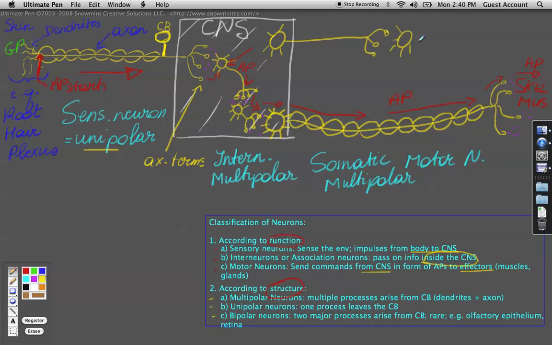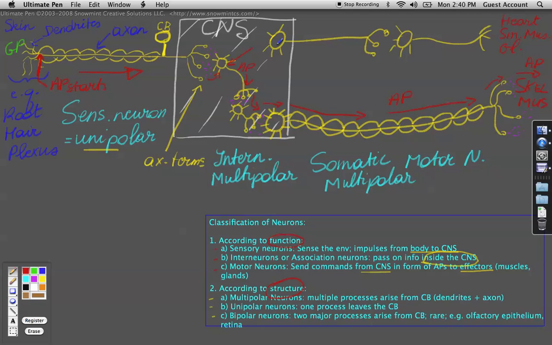And so typically you have two multipolar neurons in a row, and their effectors, of course, are going to be the heart, smooth muscle, and glands, basically all of the other effectors. And like I said, they're going to have different levels of myelination depending on how long they are.